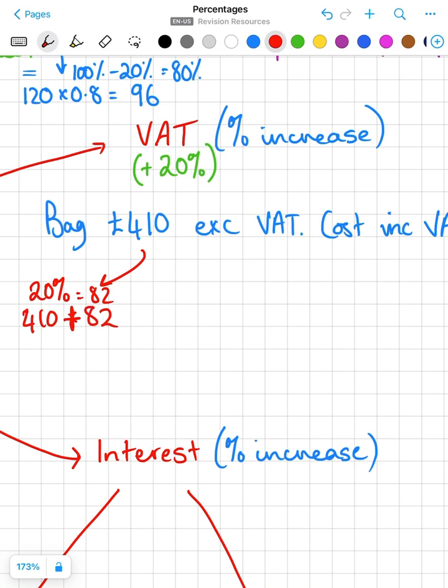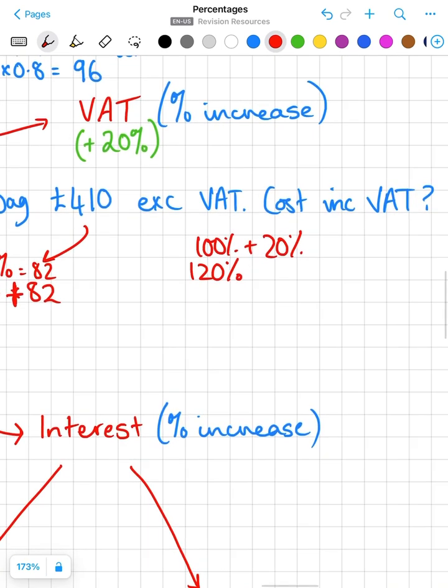Or we could say our original amount is 100%, we're going to add on 20% to that because it's a percentage increase. So I want to find 120% of 410. So that is 120 over 100, which is 1.2 as a decimal.